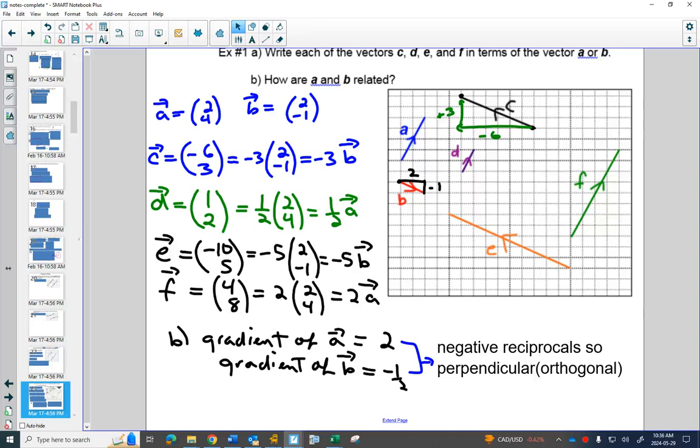You ready for it? Orthogonal. How is that for a good new word? Ortho. Maybe because your feet are at 90 degrees, Jelly. That's why they have the ortho things.